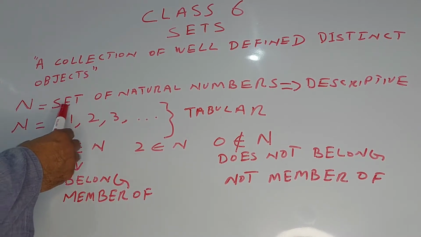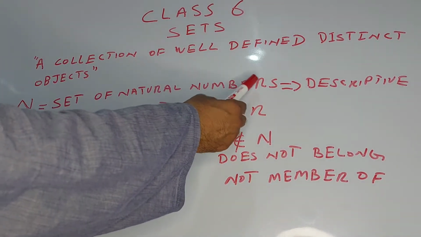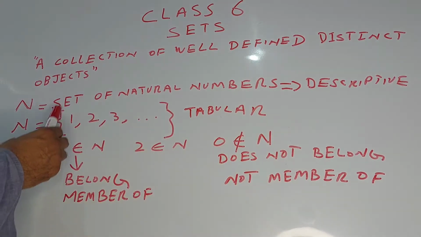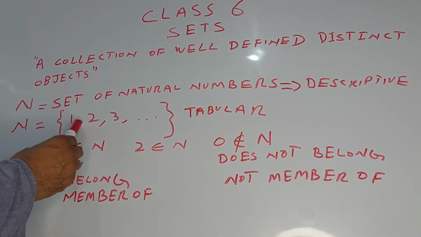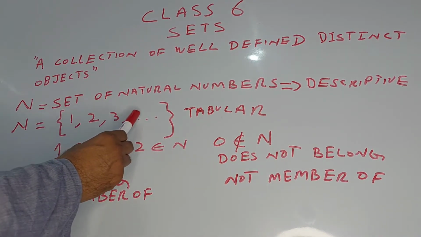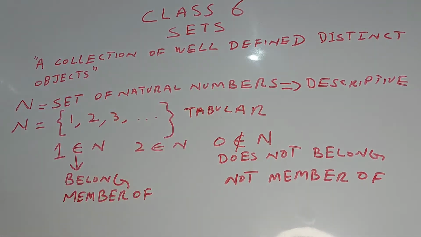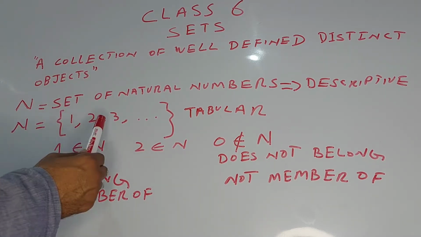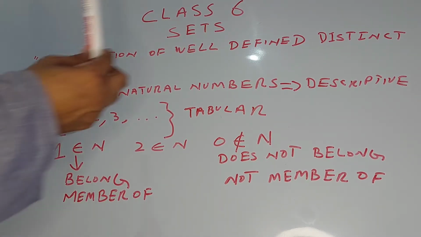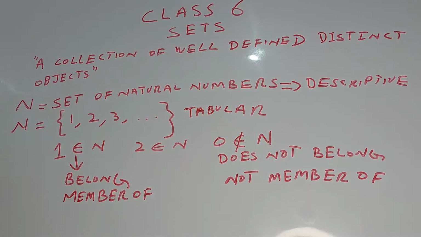For example, set of natural numbers की tabular form क्या होगी? Parentheses start 1, 2, 3, 3 dots for continuation and then parentheses close. So these are the two representations of a set, descriptive representation and tabular representation.